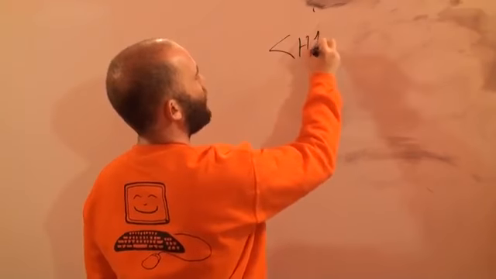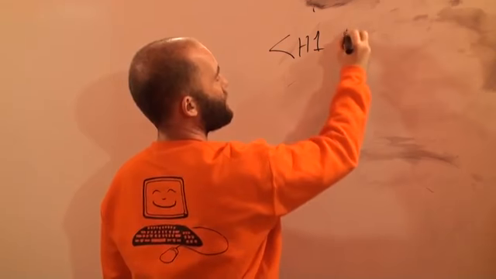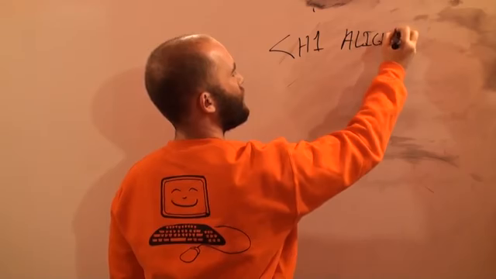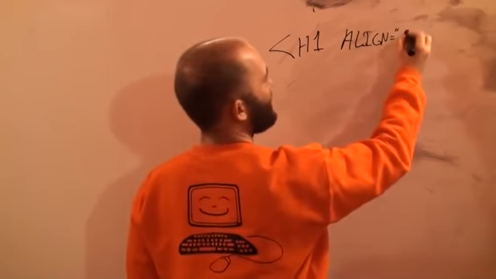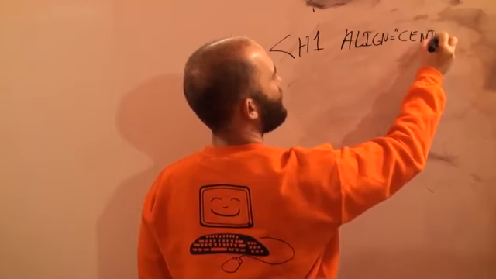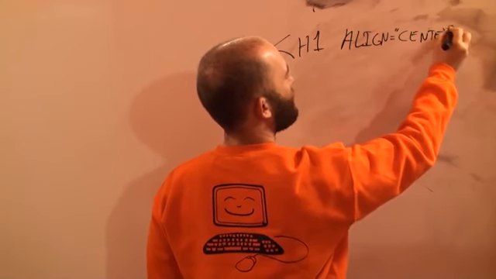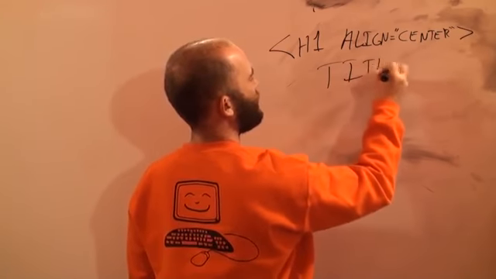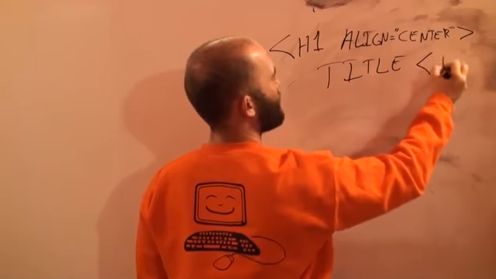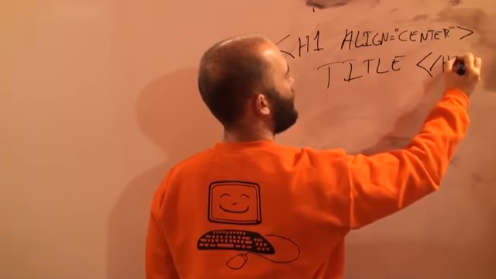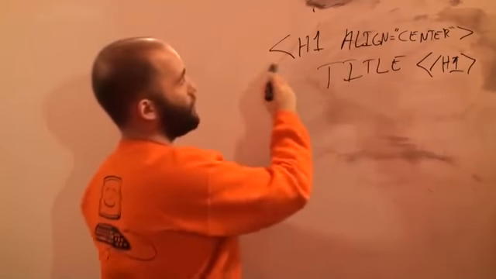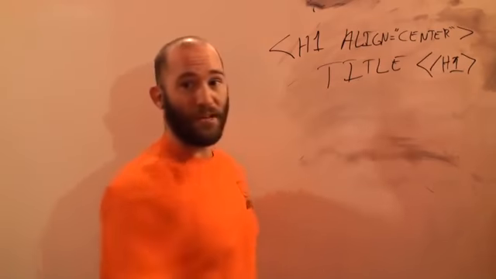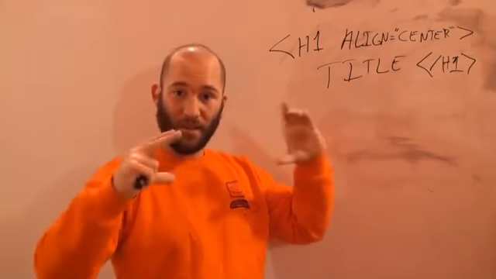You do H1, then a space, and then you say align equals, then the quotation marks, and then say center. Then you write your title, and then you close the H1 tag. Now the title will be in the center of the page.